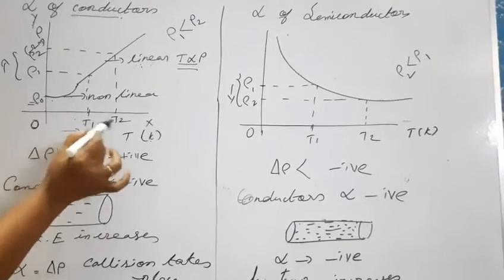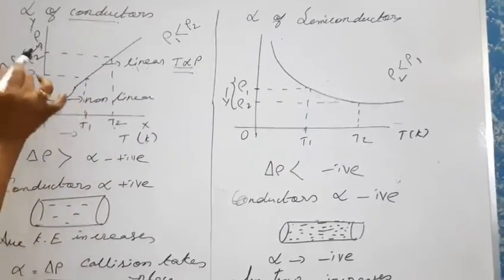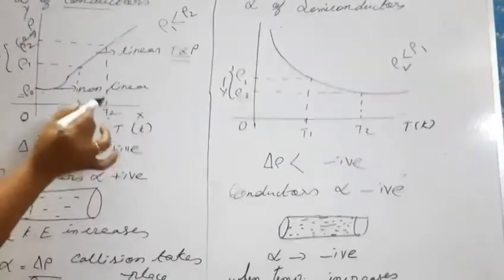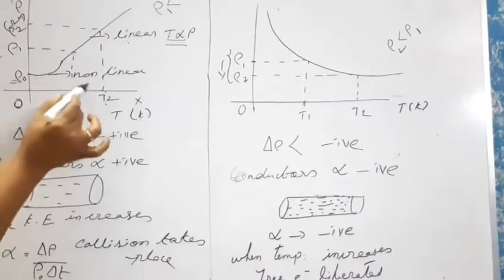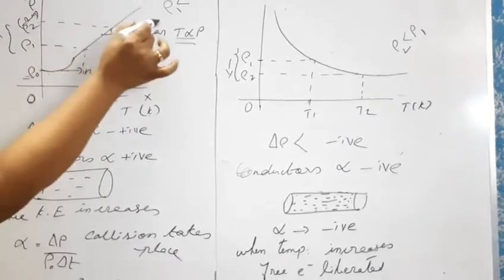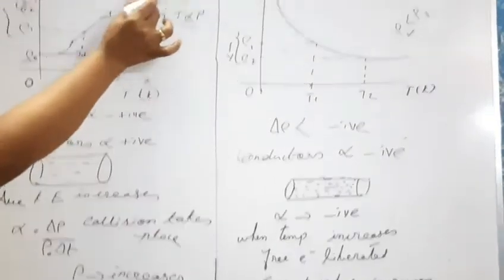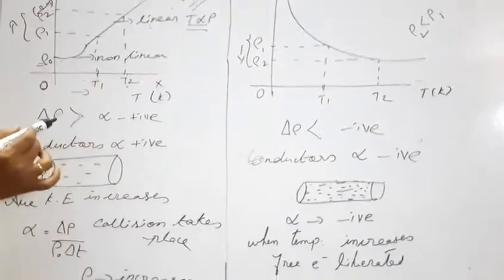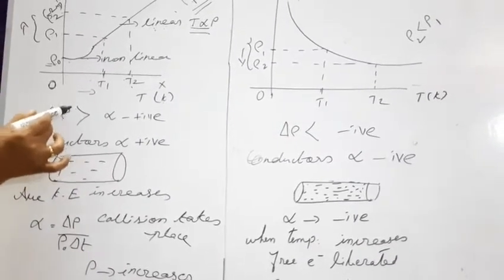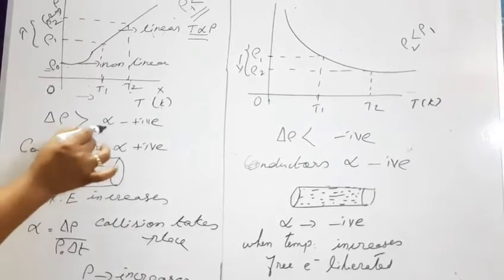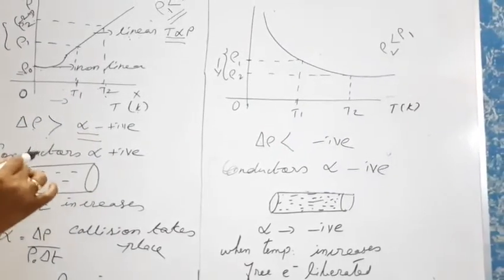Let us take two points T1, T2, and rho 1, rho 2. We just connect T1 to rho 1 and T2 to rho 2. Comparing the values, when temperature increases, the rho value increases. So here del rho is greater than zero, so the alpha value is a positive value.